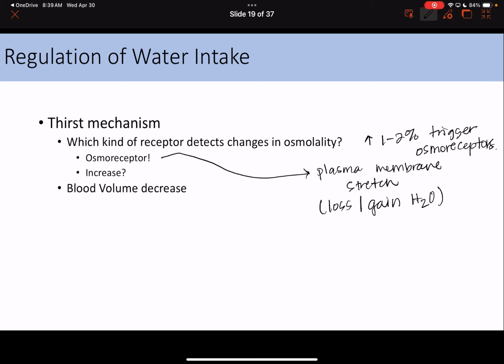So again, if we have an increase in osmolality, like we just said before, it's going to trigger our thirst mechanism. And so what we'll end up seeing is we'll have dry mouth. What is the term for dry mouth that we learned about before with digestive? Halitosis is the bad breath that you get from dry mouth. Xerostomia.